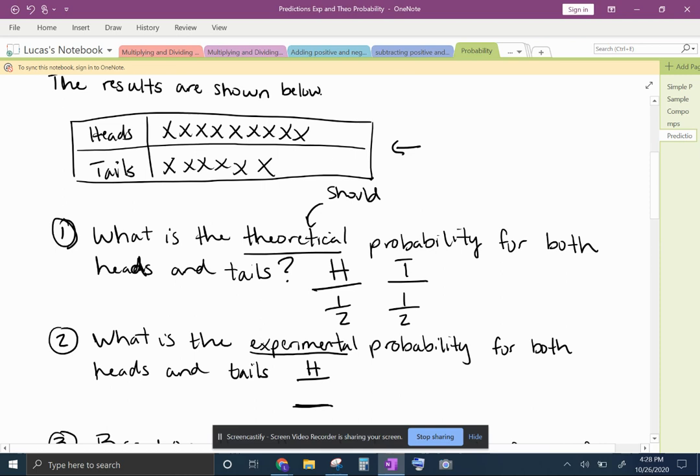And so we have 1, 2, 3, 4, 5, 6, 7, 8, 9 heads, and 6 tails. So altogether that is 15. And so the experimental probability for heads is 9/15, and the experimental probability for tails is 6/15.